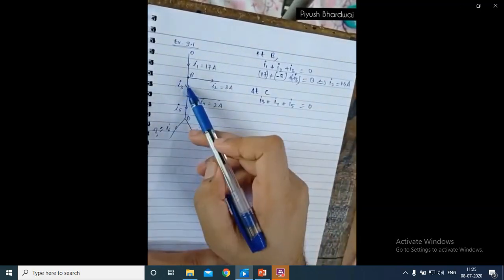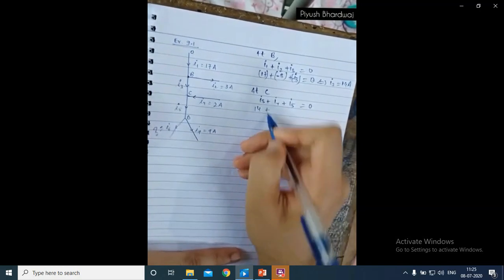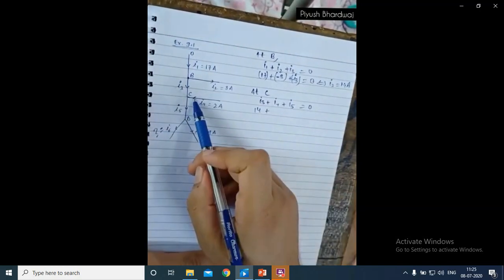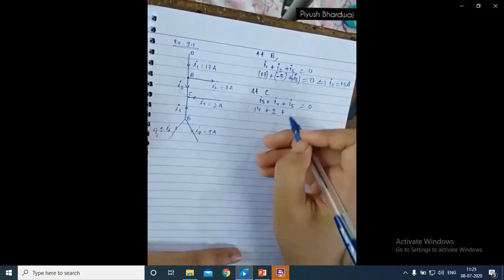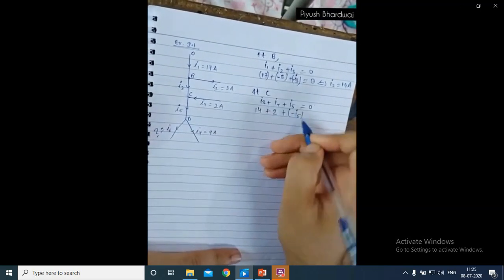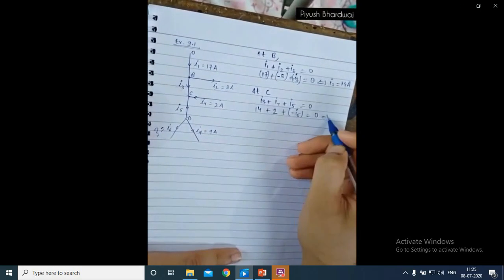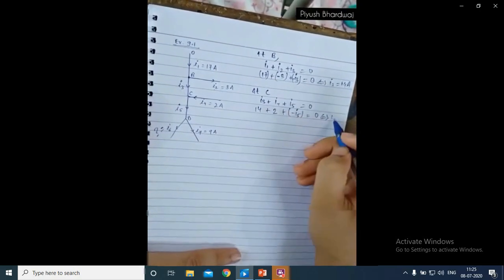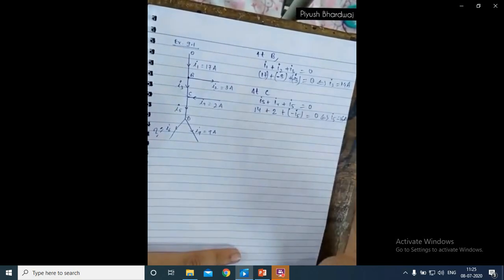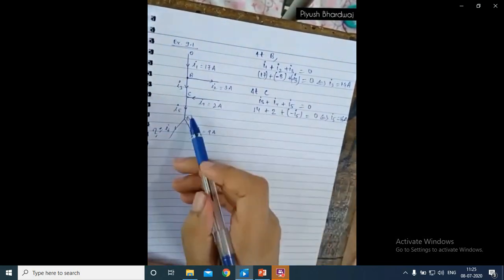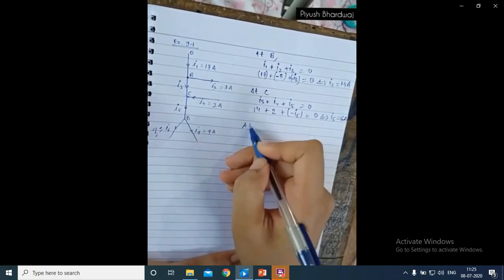Now see, I3 is coming towards the junction, so 14, plus I4 is also coming towards the junction, so plus 2, and I5 is leaving the junction, so minus I5 equals 0. From here, I5 equals 14 plus 2, which is 16 ampere. Clear? Now I know I5, I know I7, I can calculate I6.